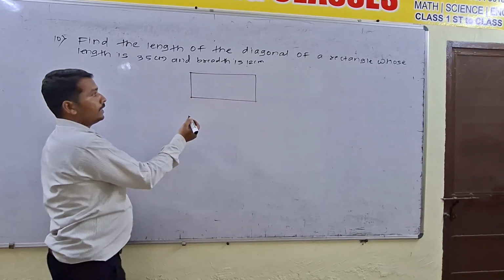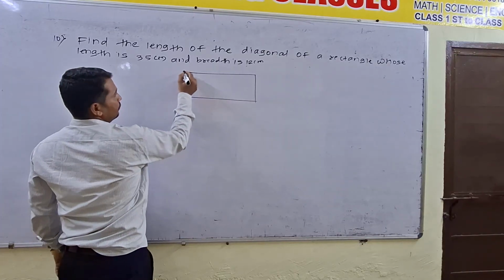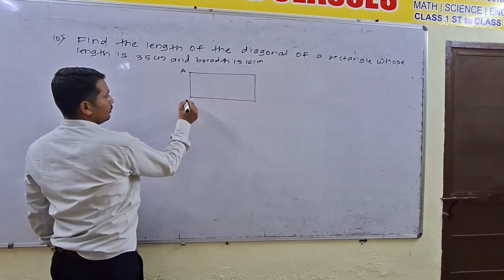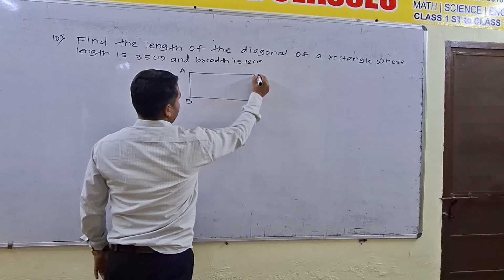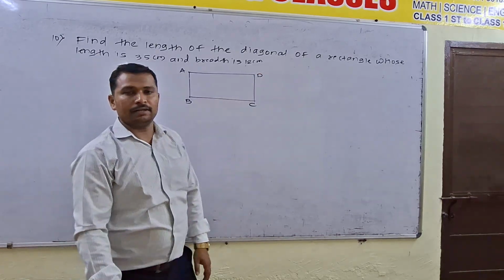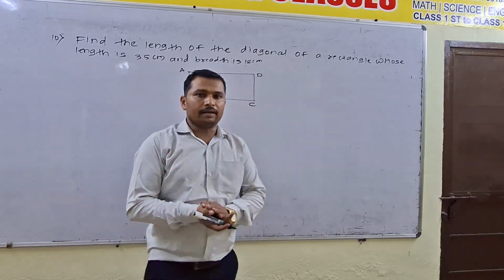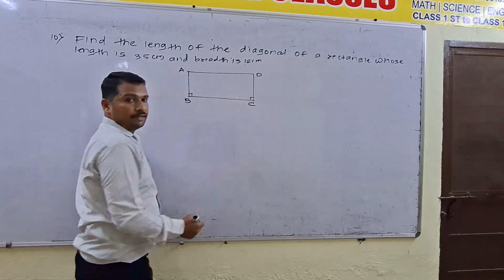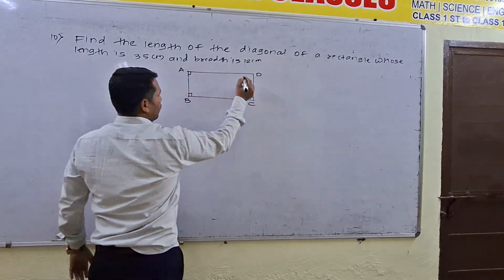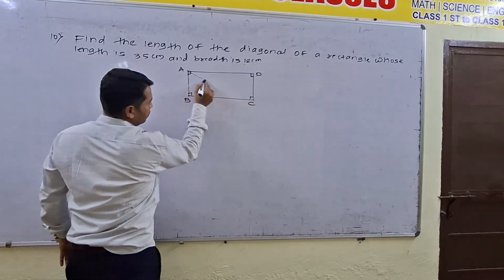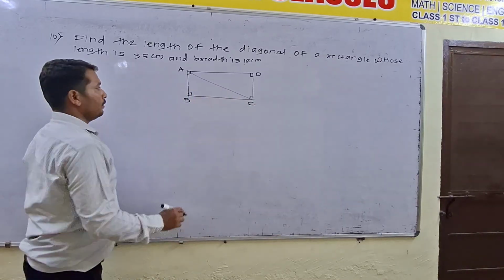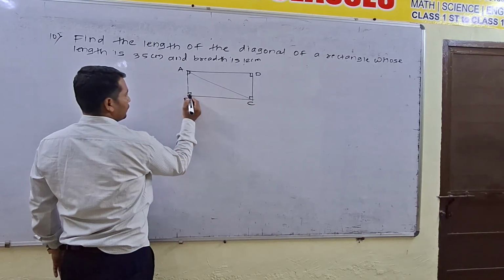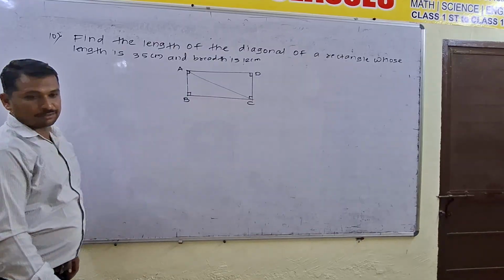We call it a rectangle, and we write down its name ABCD. ABCD is a rectangle. Each angle is 90 degree. So AC is the hypotenuse, and we use the Pythagoras theorem.